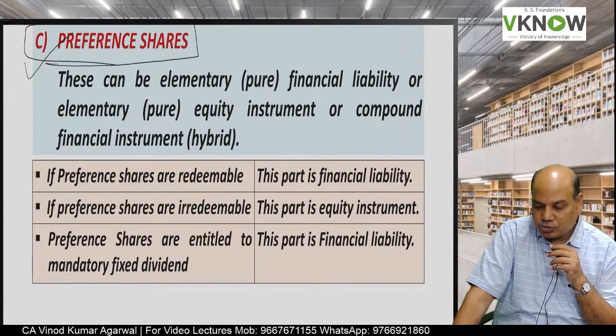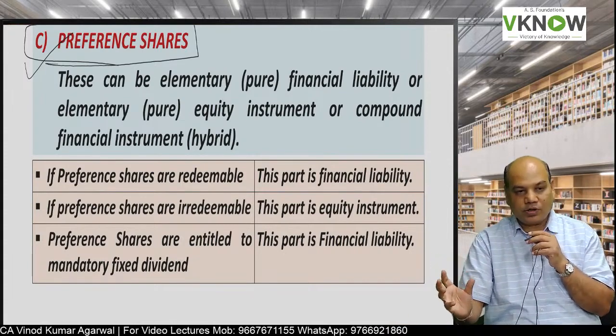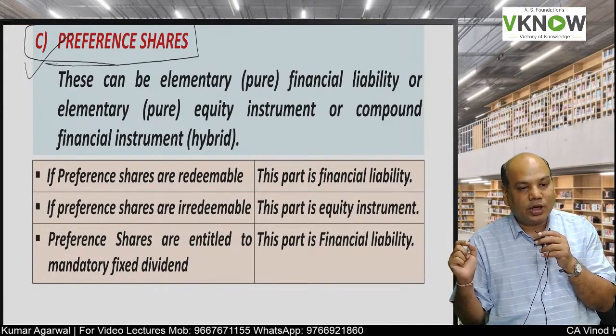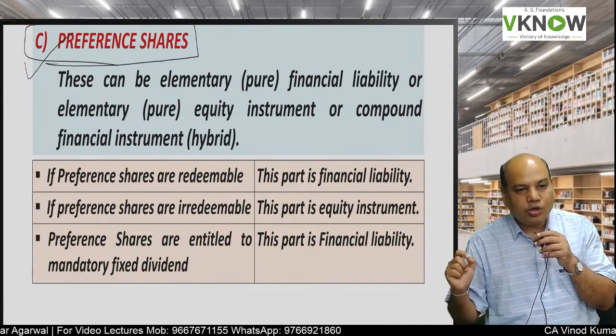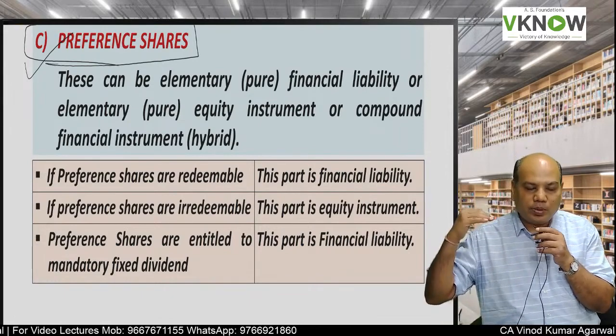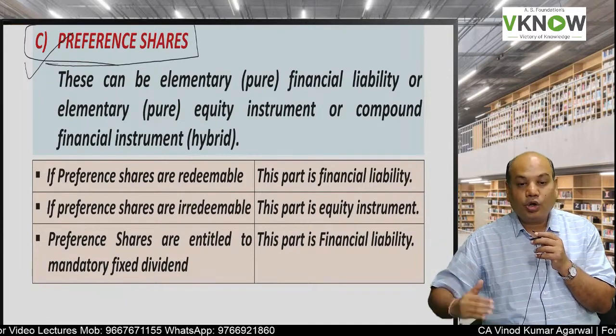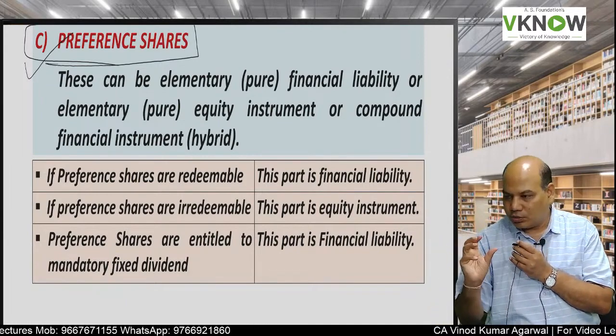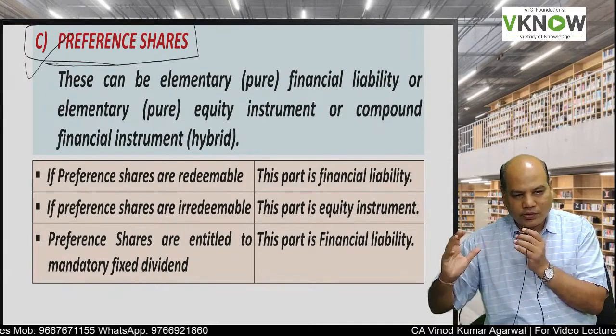But now the situation has changed. A preference share can be a liability instrument. In that case, it will appear in the current or non-current liability section of the balance sheet, or it can be an equity instrument also, or it can be a compound instrument also, depending upon how that preference share is designed.